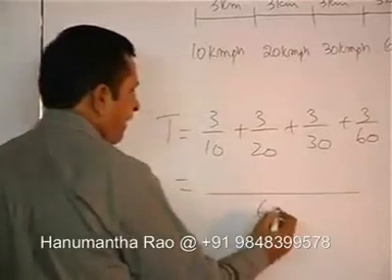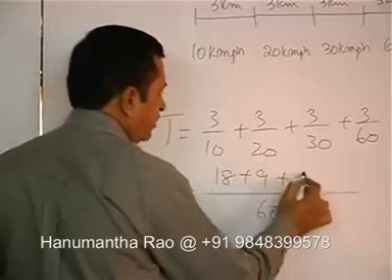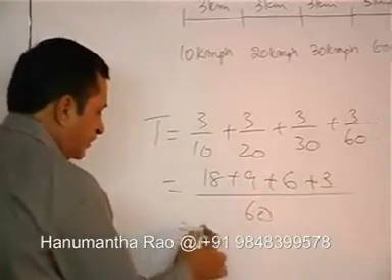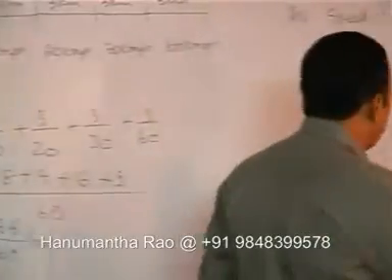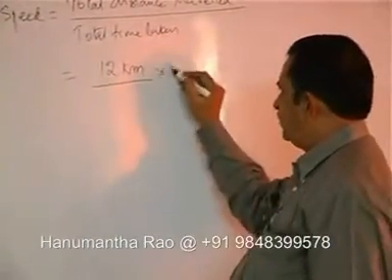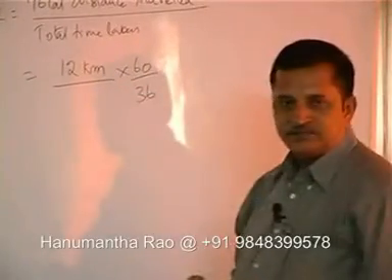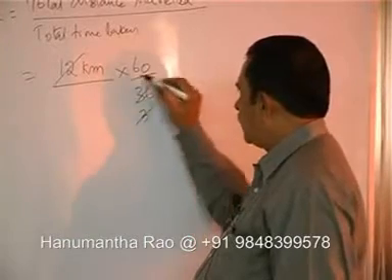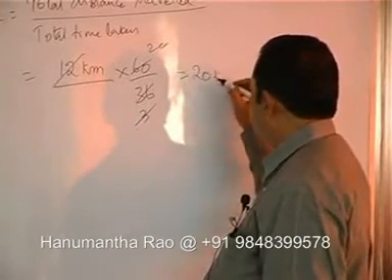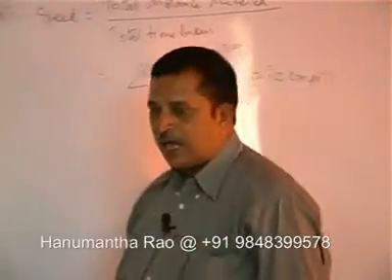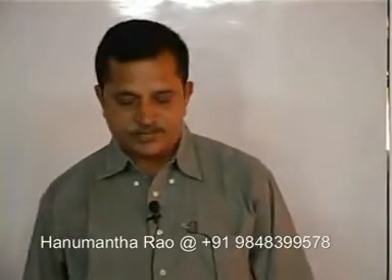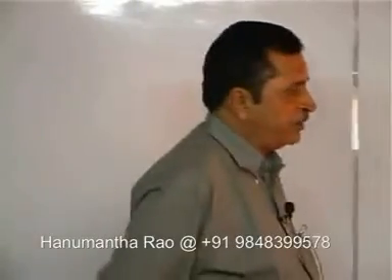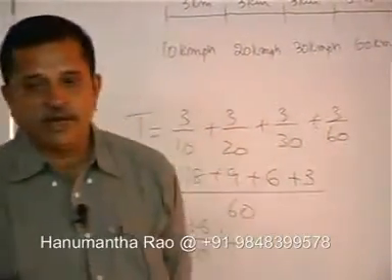LCM is 60, 18 plus 9 plus 6 plus 3, 36 by 60 hours. 12 kilometers by 36 by 60 means into 60 by 36. 12 threes, 36; so average speed of the car is 20 kilometers per hour. Right? Average speed is equal to 20 kmph. Next.